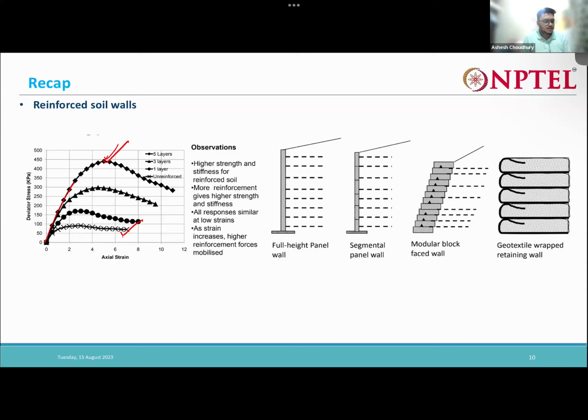Now, if I ask you what are the two concepts using which we actually explained this increase in strength of reinforced soil? What were those two concepts?